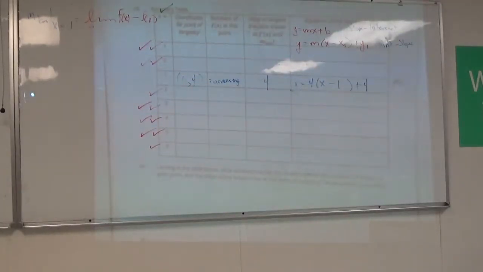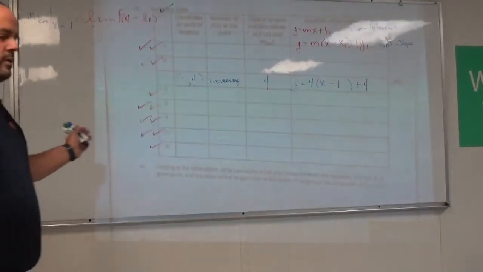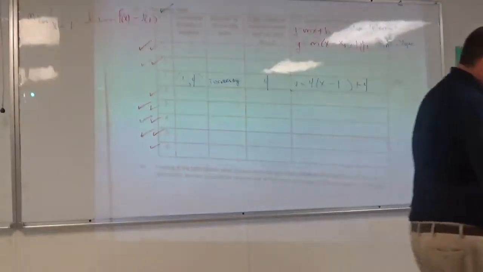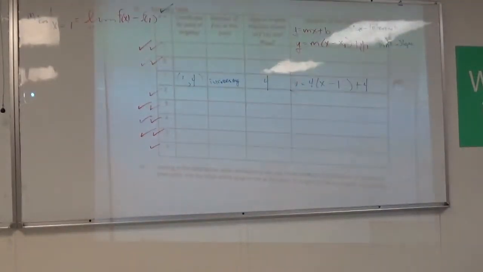You've got 10 minutes. I want you to go through the same process again. Find the slope of the tangent line at your 2 points. We're going to pull everything together and we'll talk in a bit. So whatever 2 points I just gave you guys, you're basically going to repeat that process.